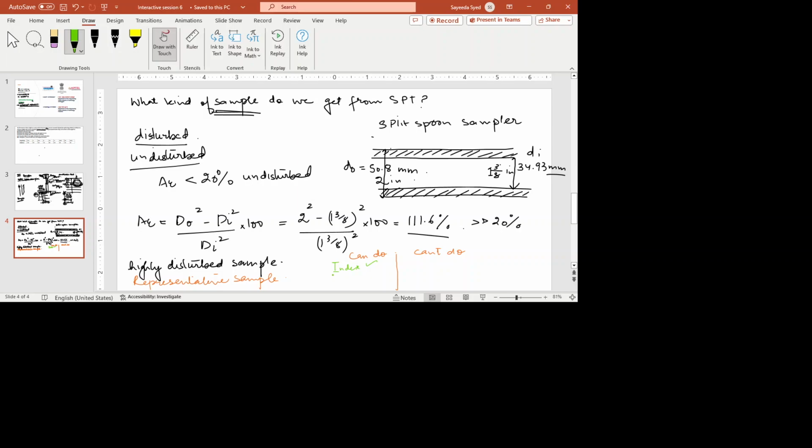So we can do the particle size distribution curve for this. What we can't do is a direct shear test to know the stress versus strain. We can't do that.